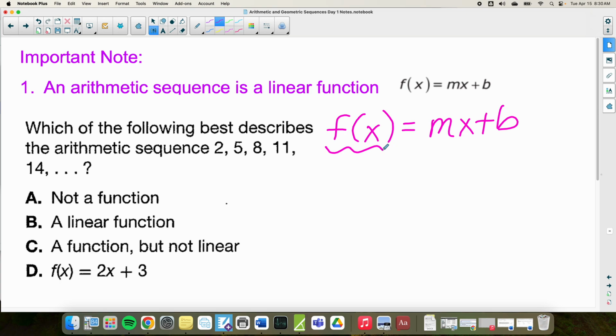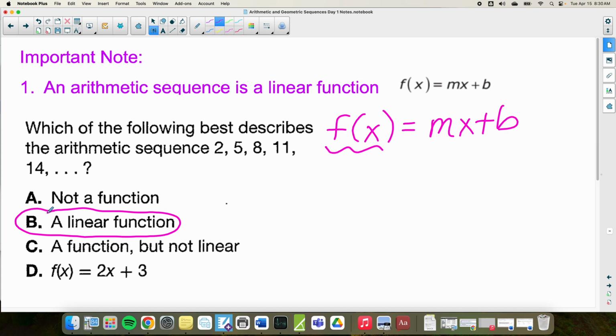Okay, so it's a function, and then this is slope-intercept form, and if you were to graph something in slope-intercept form, don't you get a straight line? So that means it's linear also. So it's a function and it's linear, so we would get b right here, okay?